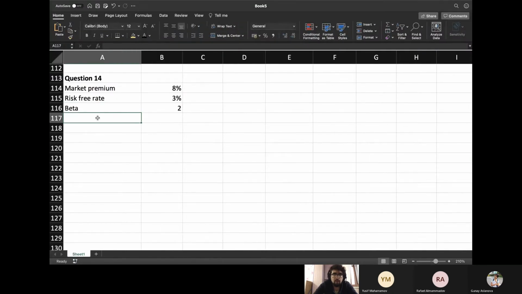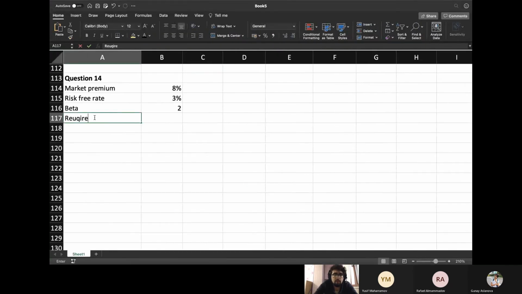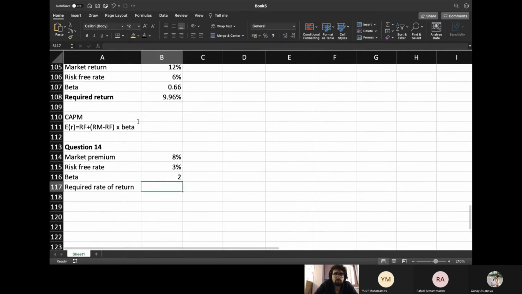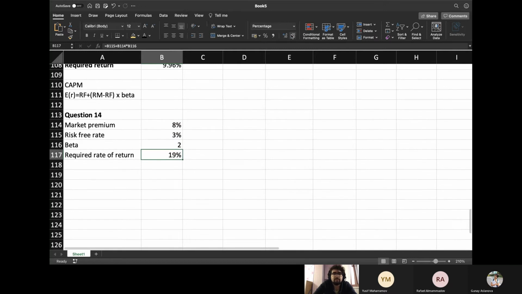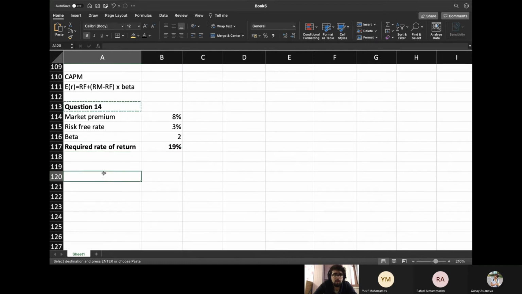The required rate of return is equal to the risk-free rate plus market premium multiplied by beta, which is 19%. That's also an easy question.